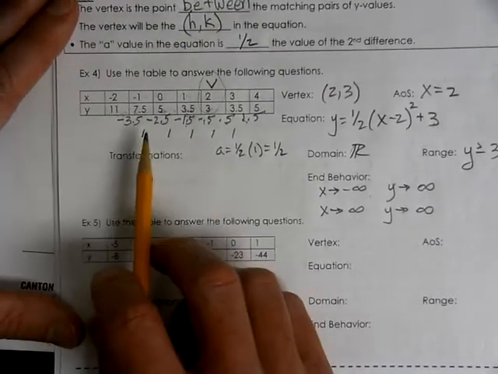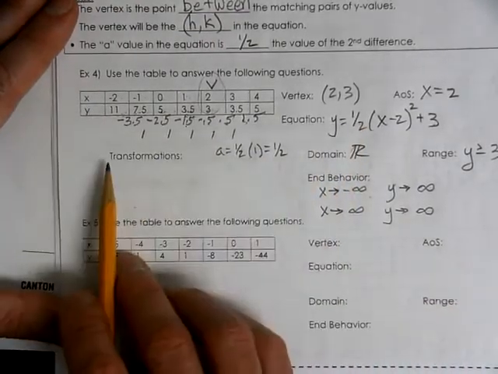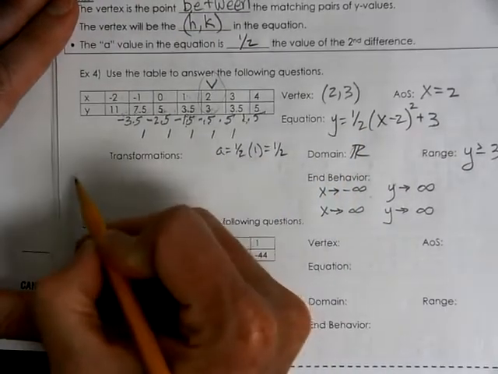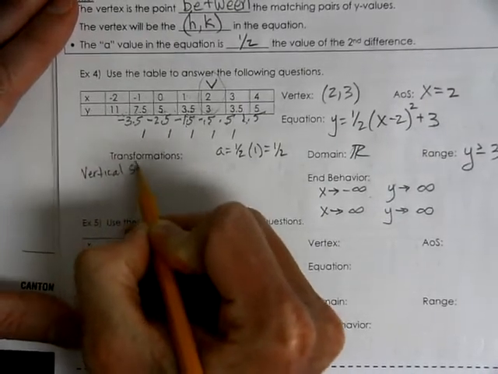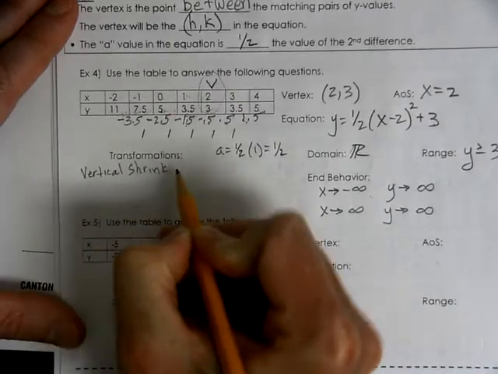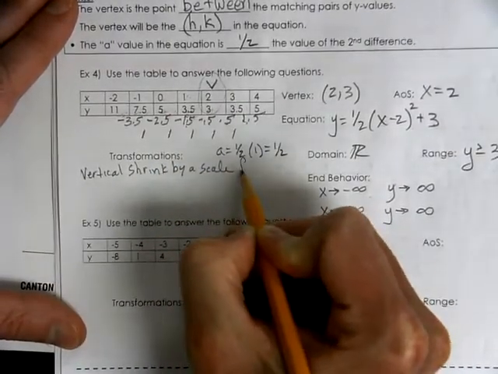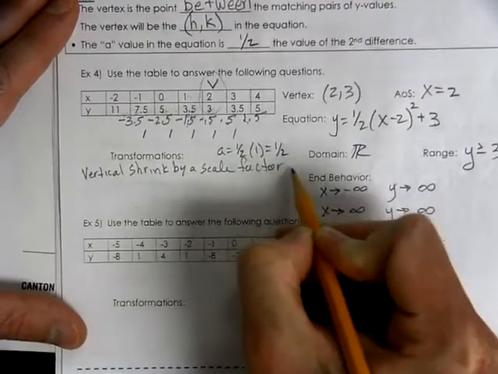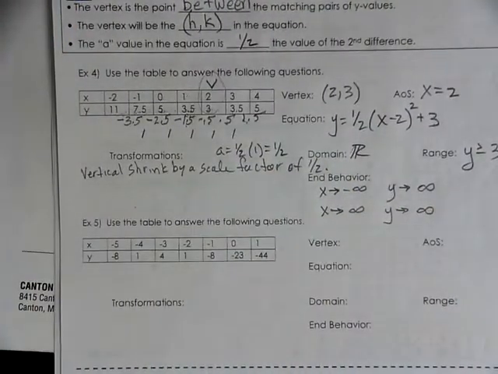Transformation. Because your equation does not have a negative, we do not have a reflection. We have a vertical shrink by a scale factor of a half.